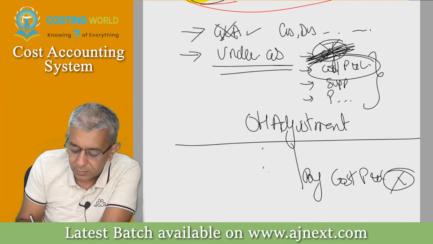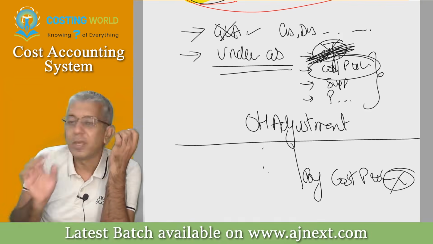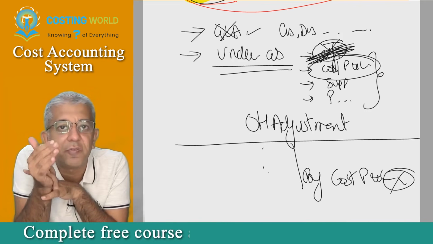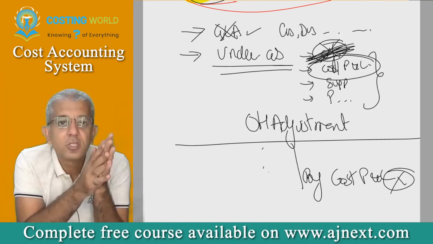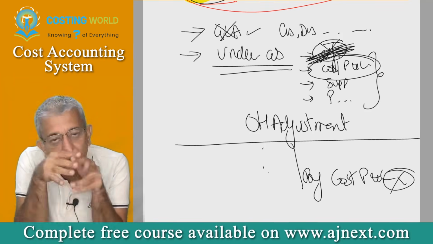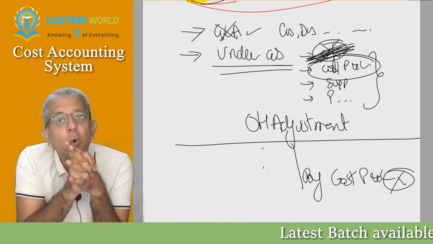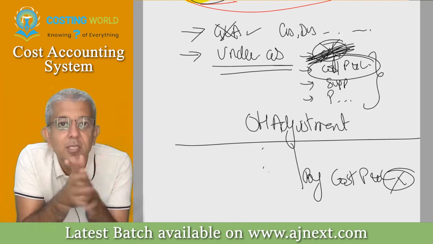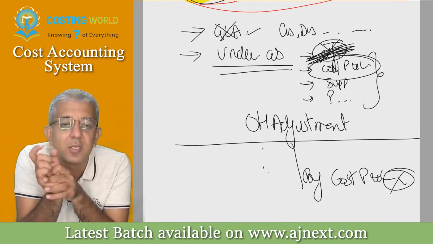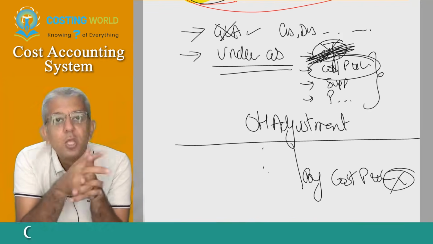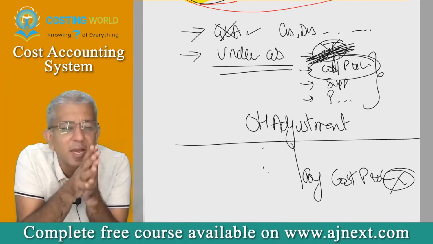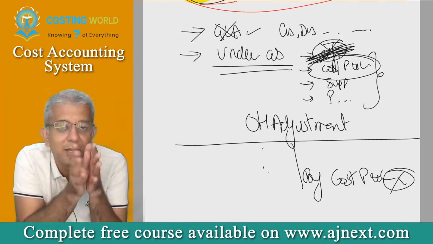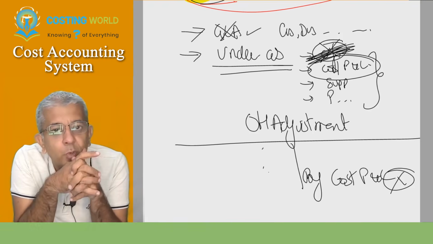Is that all fine? Yes, sir. So instead of transferring different under or over absorptions to costing P&L directly, first they accumulate all of them in the overhead adjustment account. Then they close the overhead adjustment account and transfer the final net balance to costing P&L. If you want to do this, it is your call. If you don't want to, that is fine too. ICA does not have a right to deduct marks unless they say to open the overhead adjustment account.